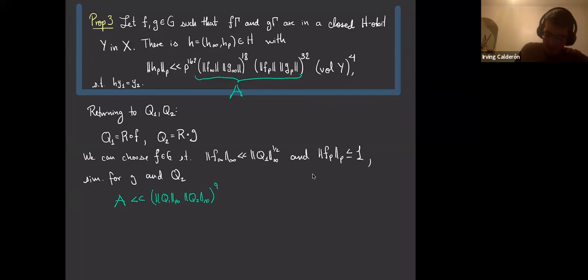So now what about the volume term? Remember that in this case, Y was the H orbit associated to Q1. So this is H gamma. To deal with this volume term of the orbit, we have the following proposition.